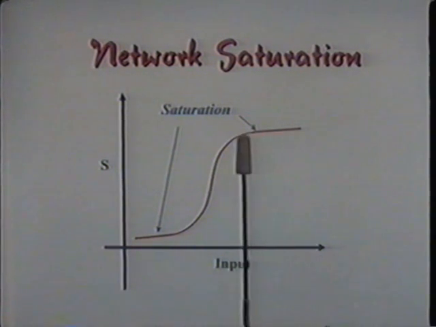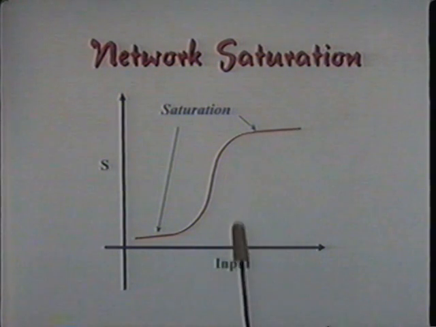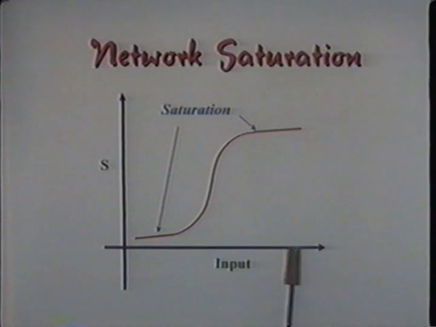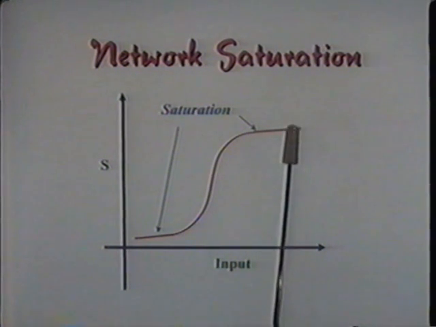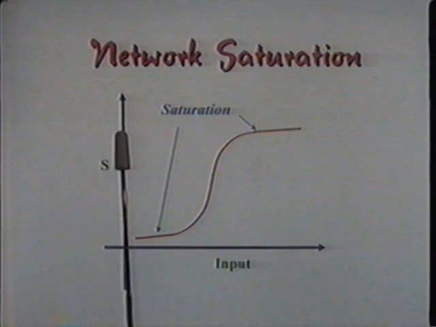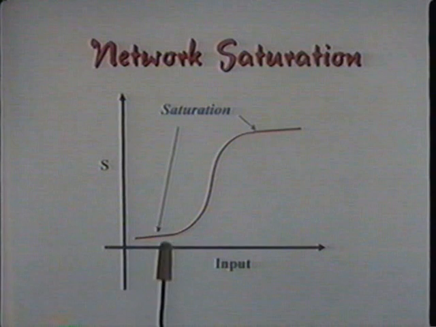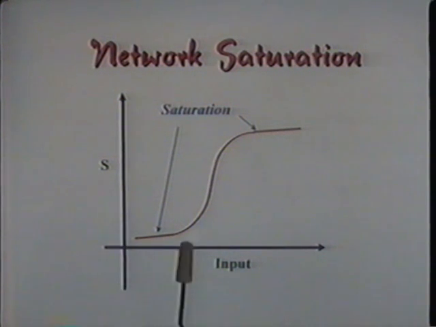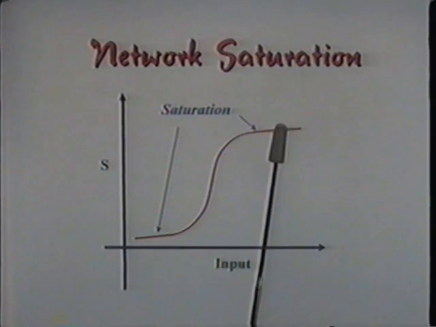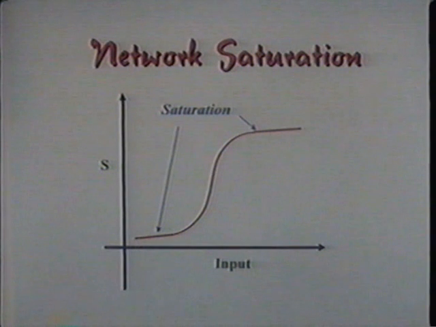Now, in this saturation range, a wide variation of an input here probably is not going to change the output by much. And here also the same thing. A wide variation of input is not going to change the output by much. So the network in these two cases, either upper saturation or lower saturation, is not going to really produce any output result for a wide range of inputs.